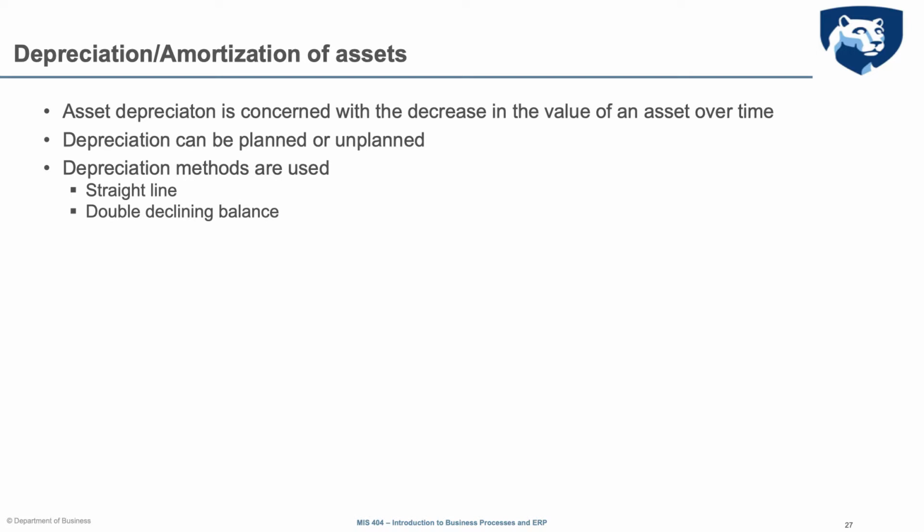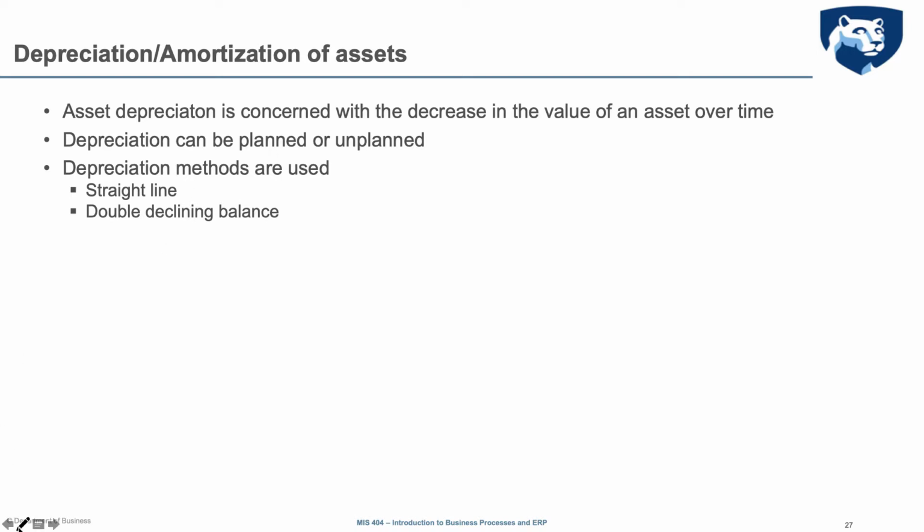So basically you understand how long you are planning to use the asset, and you allocate the cost proportionally to this value by decreasing the value of the asset over time.